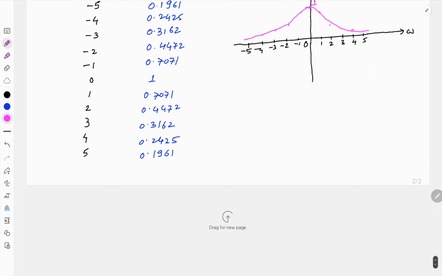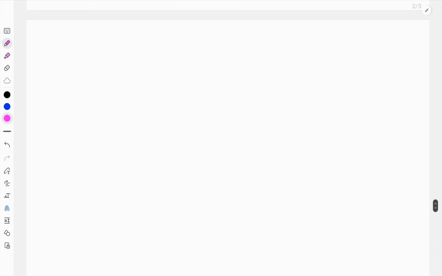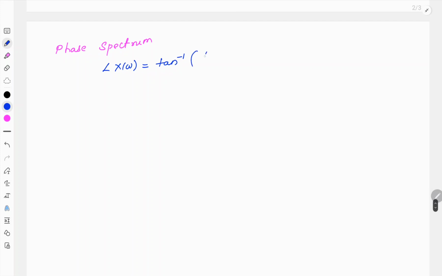Now similarly we are supposed to find out the phase spectrum. So for phase spectrum we have angle of X of omega equal to tan inverse of imaginary part divided by real part.